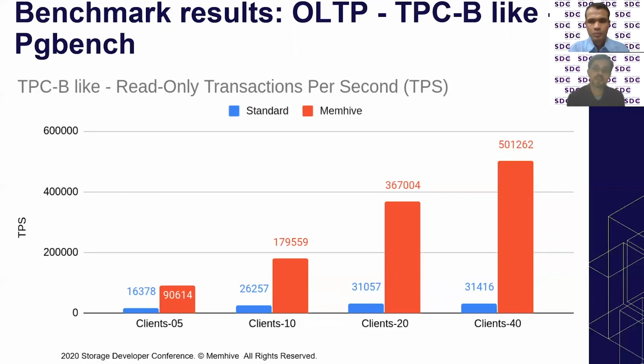This is because the persistent memory cache that we have built in MemHive is keeping the entire database in the cache. It's really warm, and any query that comes in is served in a really fast manner. And hence the transactions per second number is really high. It is up to 15x in the OLTP case.